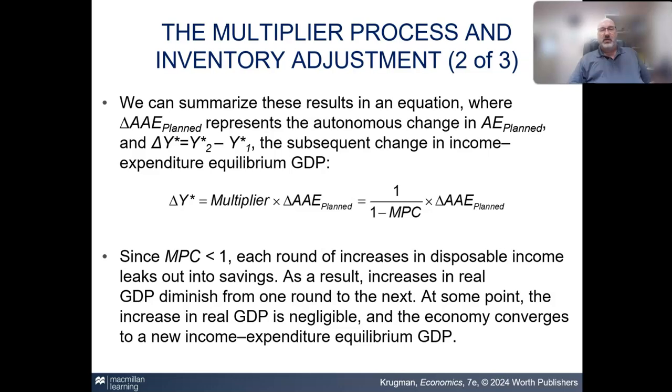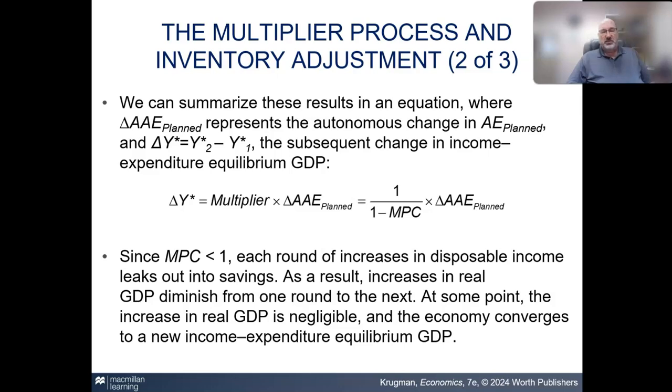Now, we have the change in AAE, which represents an autonomous change in the planned AE, and the change in Y equals the change from Y1 to Y2, Y2 minus Y1, and the subsequent change in income and expenditures.